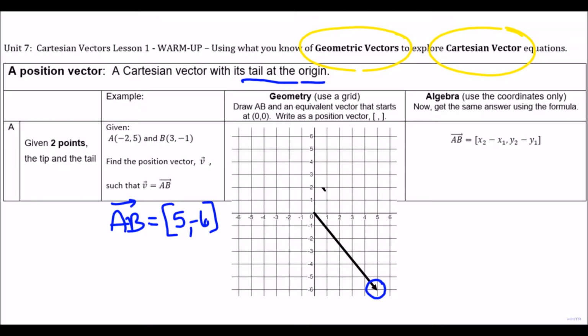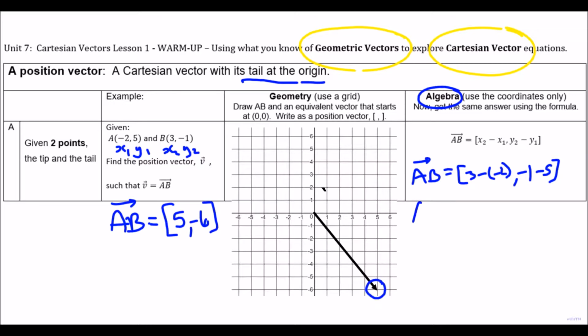Algebraically, this is what we're really going to be focusing on. We're going to use this formula here. Notice how it's very similar to the slope formula: (x2 minus x1, y2 minus y1). Here I have x1, y1, x2, y2. So vector AB is equal to (3 minus -2, -1 minus 5).